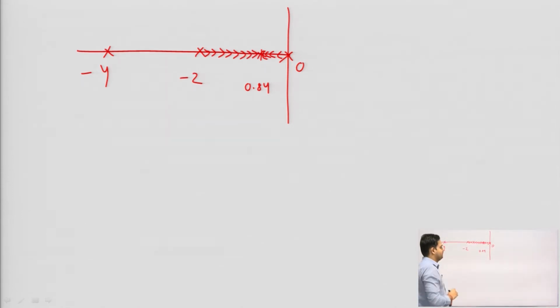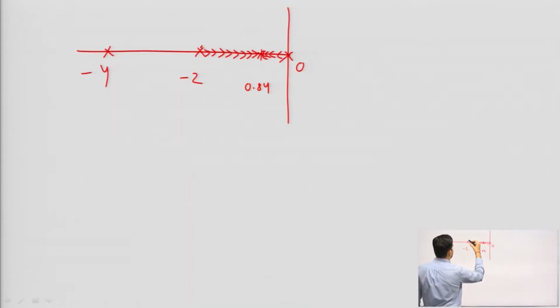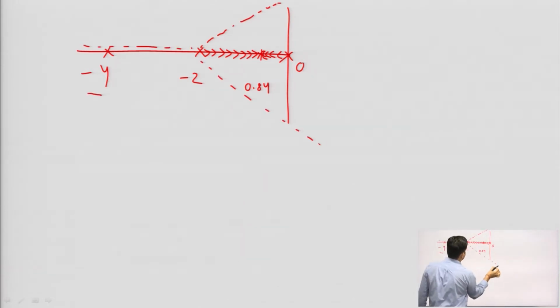Now, in which direction will they move towards infinity? They will look for the angle of asymptote. You have seen in the previous graph that the angle of asymptote goes in the direction of 60 degrees, so this would be my angle of asymptote. The others are in the direction of 180 and 300 degrees.